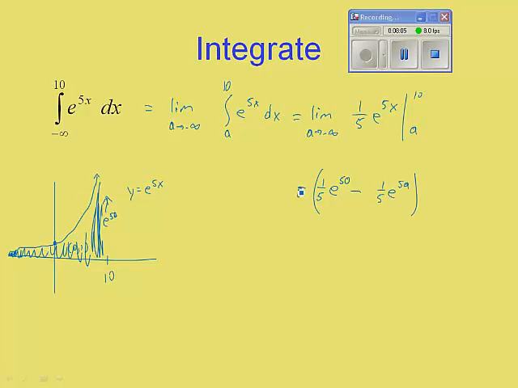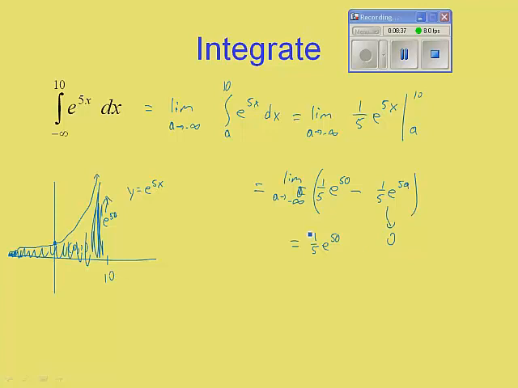And I'm taking the limit as a approaches negative infinity of that. So this is going to equal 1/5 e to the 50th. Now what happens when a approaches negative infinity here? Where does this guy go? Doesn't this go to 0? 1/5 times 0. So that's 0.